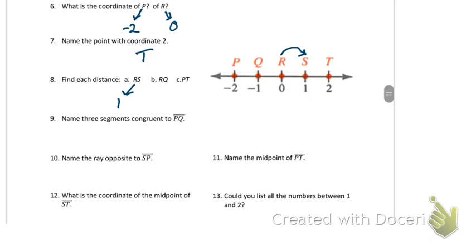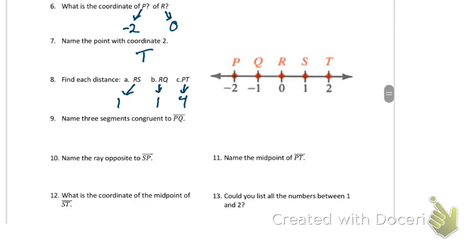R to Q, once again, if we do 0 minus 1 and take the absolute value of that, that's the distance from R to Q. There are no negative distances, so that's going to be 1. And P to T, once again, if you remember that formula, it's the absolute value of 2 minus -2, which would result in absolute value of 4, which is 4, or you can simply count 1, 2, 3, 4.